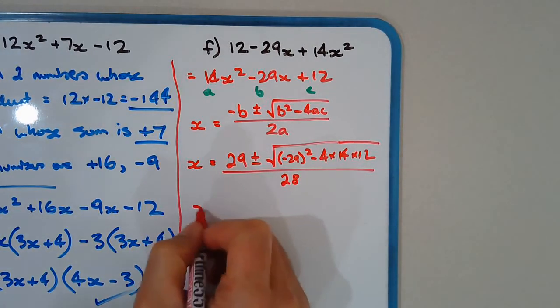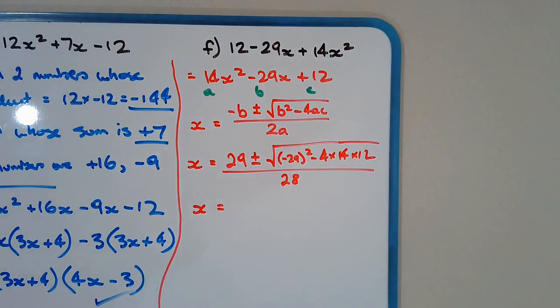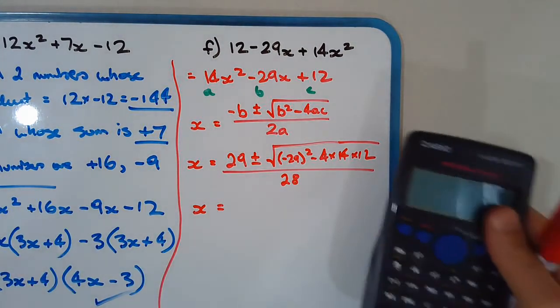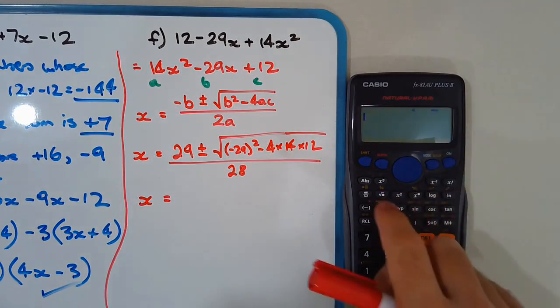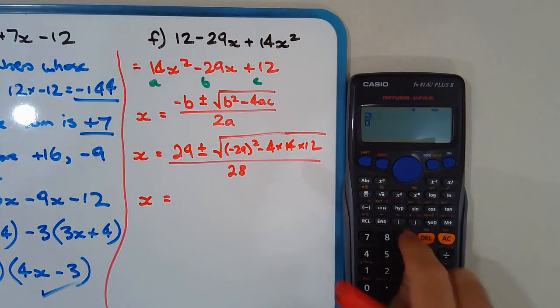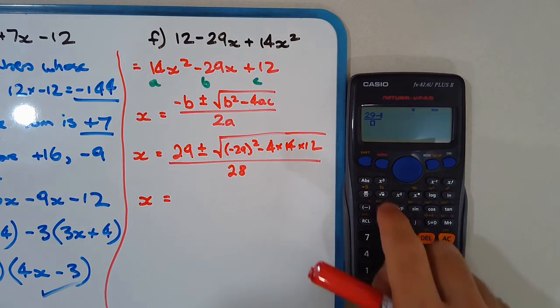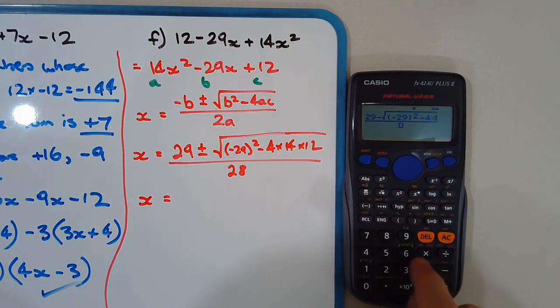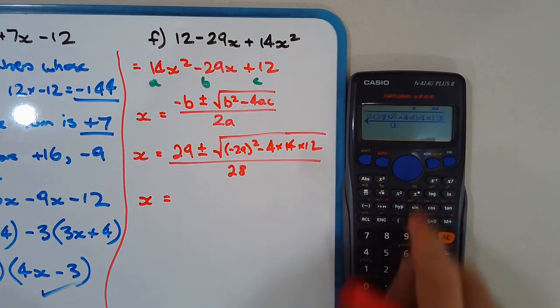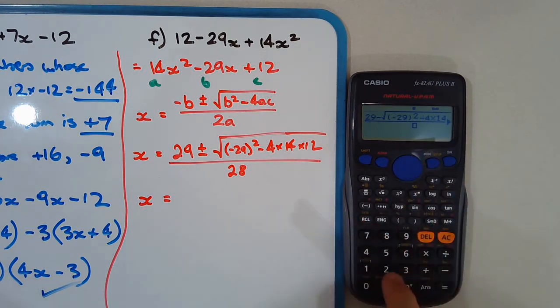Now we're going to come up with our two values of x. I'll bring the calculator over, hopefully you can see that okay. So we've got 29, we'll do minus first, so the square root of negative 29 squared minus 4 multiplied by 14 multiplied by 12, over 2a, so that's 28, and we get 4 on 7.